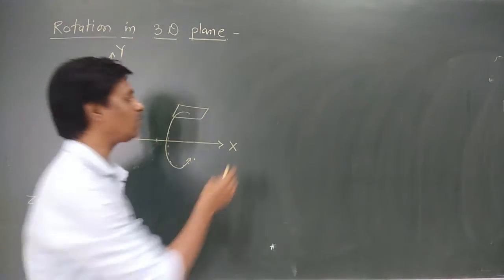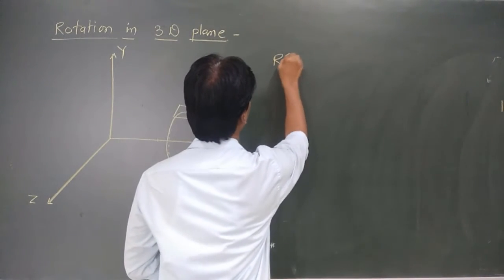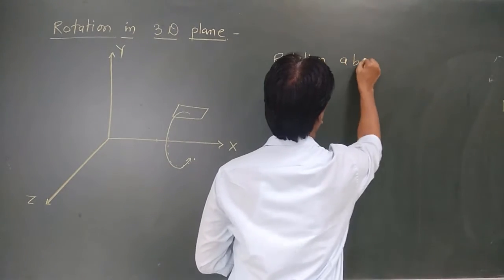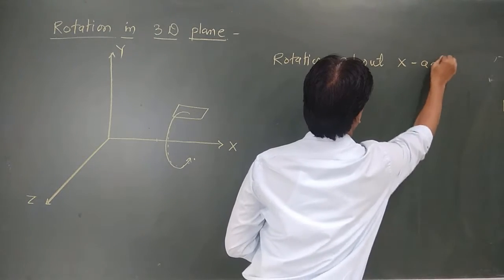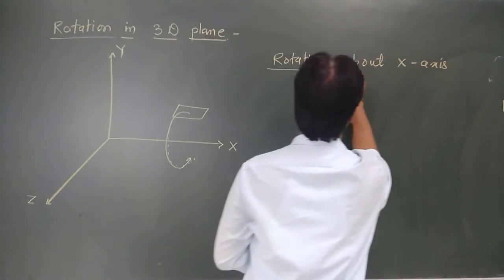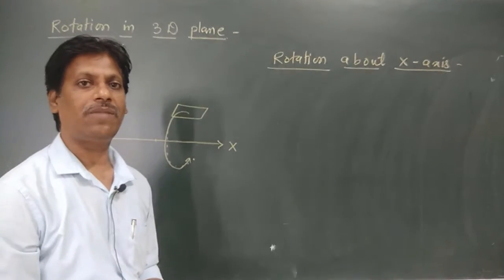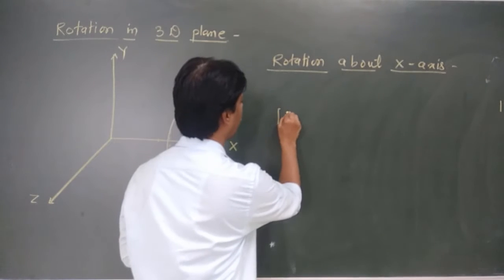Now how to write the transformation matrix for the rotation about the x-axis? It is a 3 by 3 matrix.